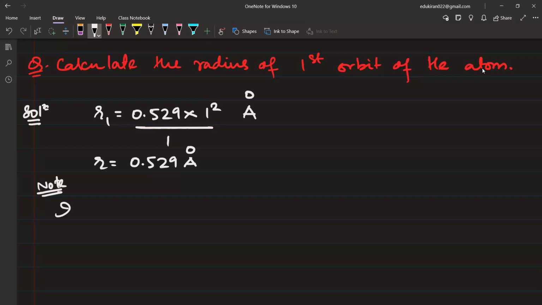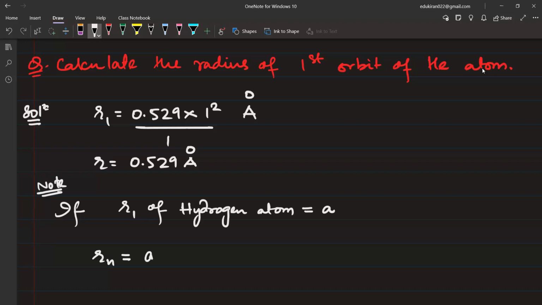So please write, if R1, मतलब radius of first orbit of hydrogen atom, is equal to A. कितना value दिया उन्होंने? A दिया. No matter what the unit is, then radius of any other orbit of any other atom will be equal to A times n square divided by Z.